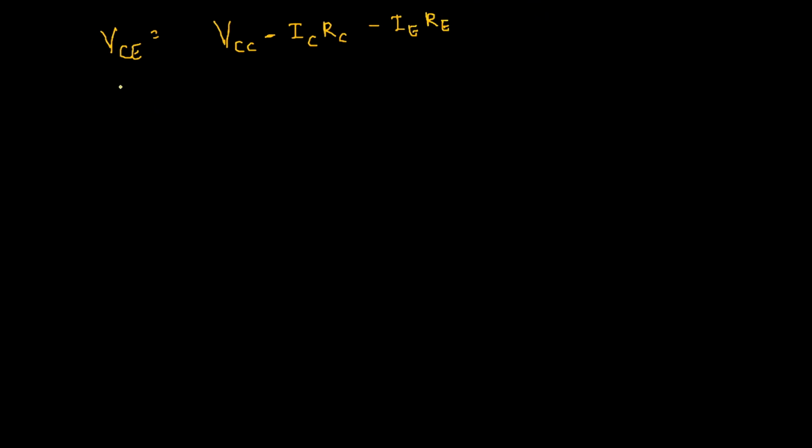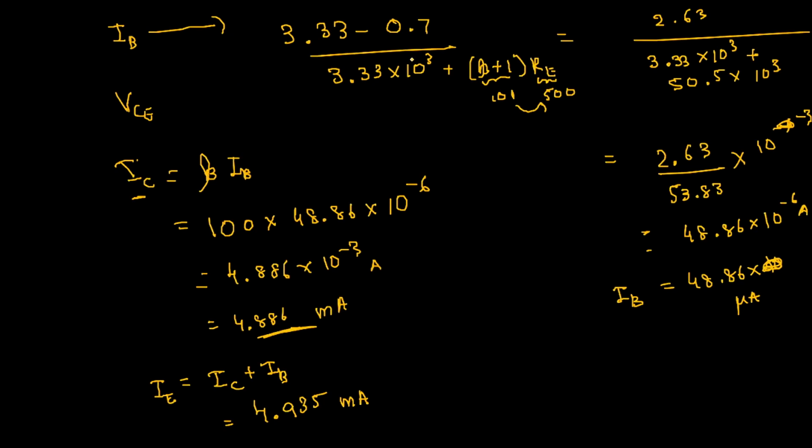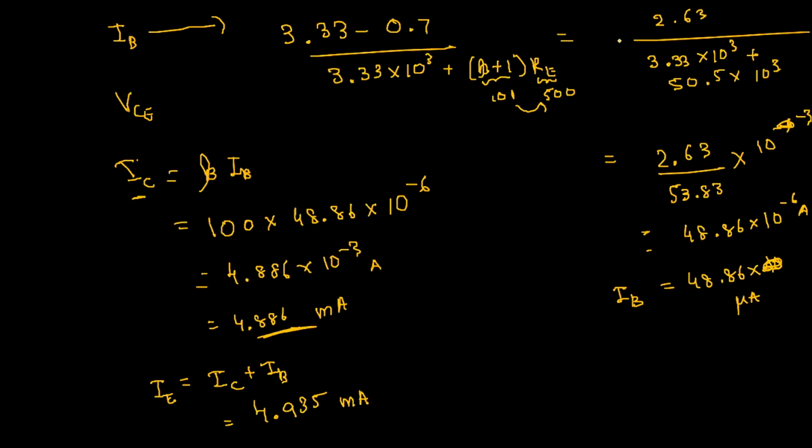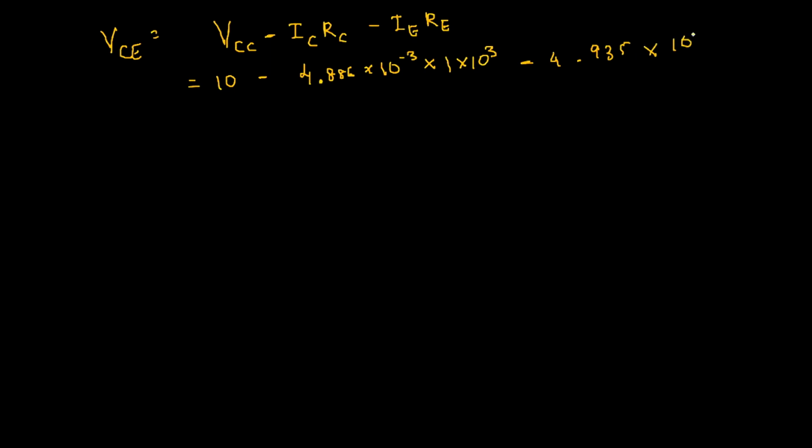In this case, we know that VCC is 10, IC we found out to be 4.886 into 10 to the power minus 3, RC is 1 into 10 to the power 3, IE was found out to be 4.935 into 10 to the power minus 3, and the value of RE is 500 ohm, which is 0.5 into 10 to the power 3.